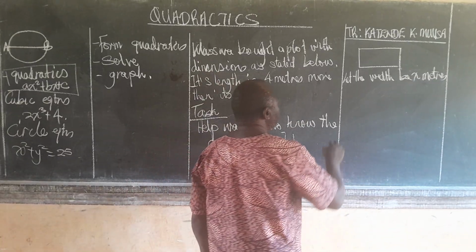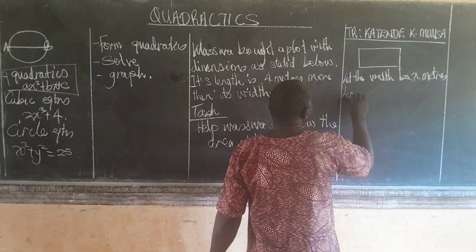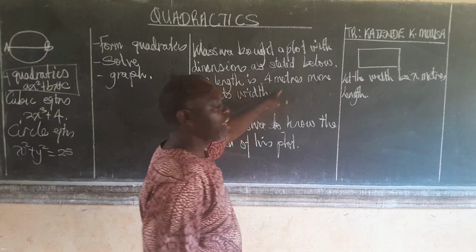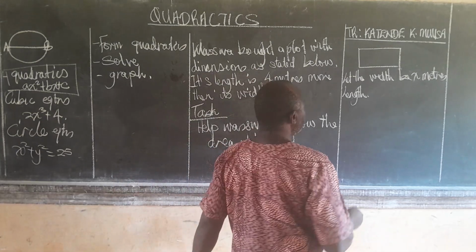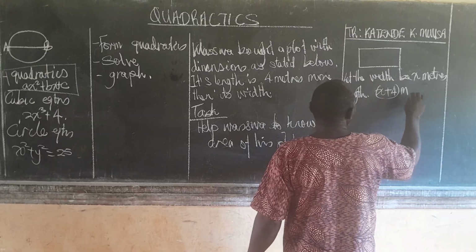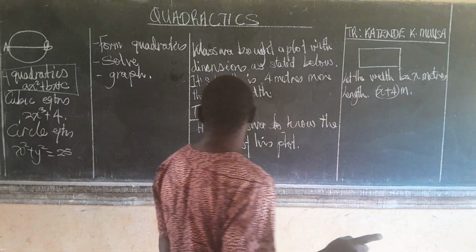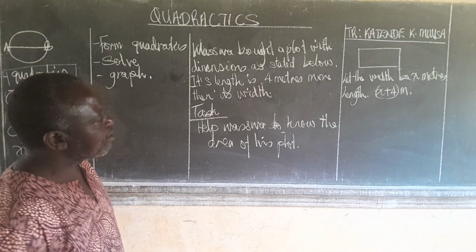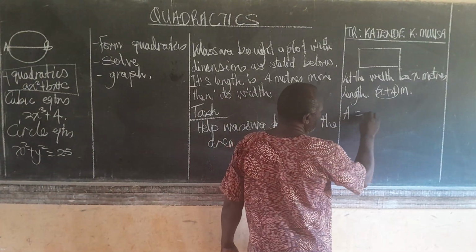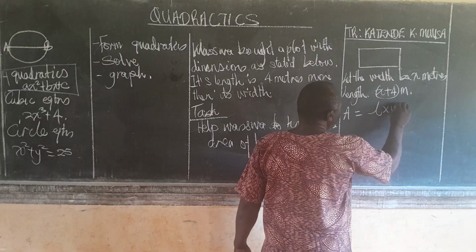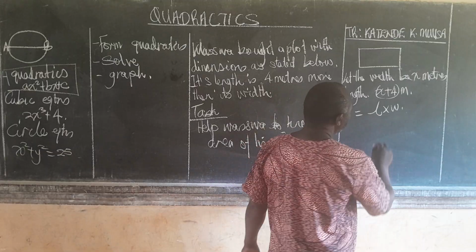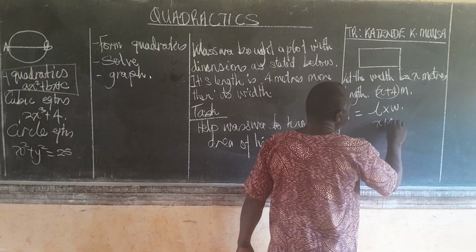That implies that the length, by the moment we add 4 more, there is an addition sign. Therefore, the length is going to be x plus 4 meters. But we are so aware that the area of a rectangle equals length times width.